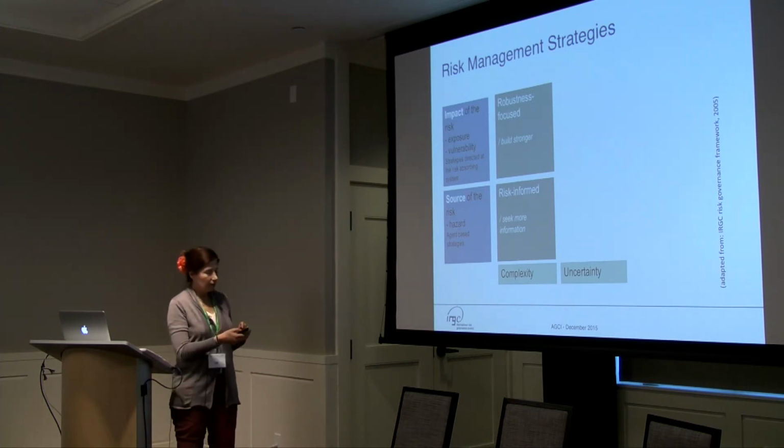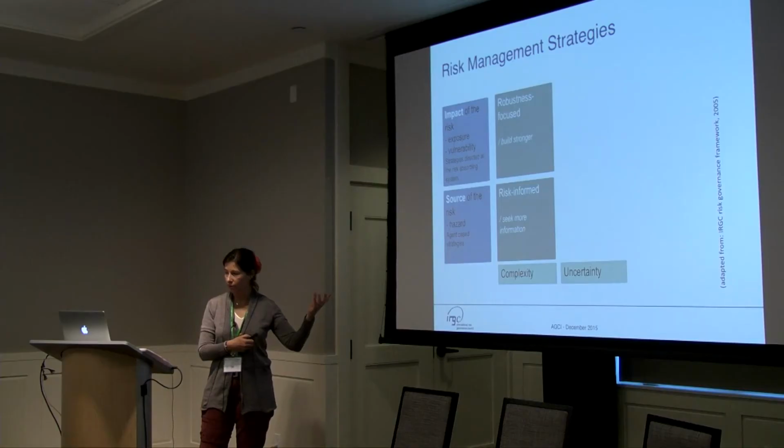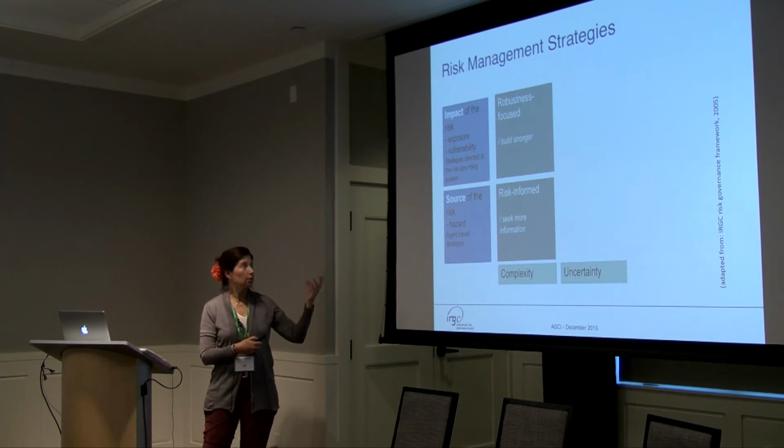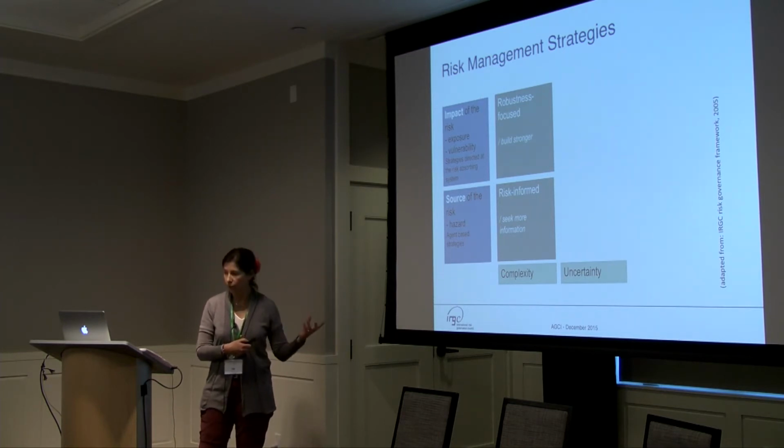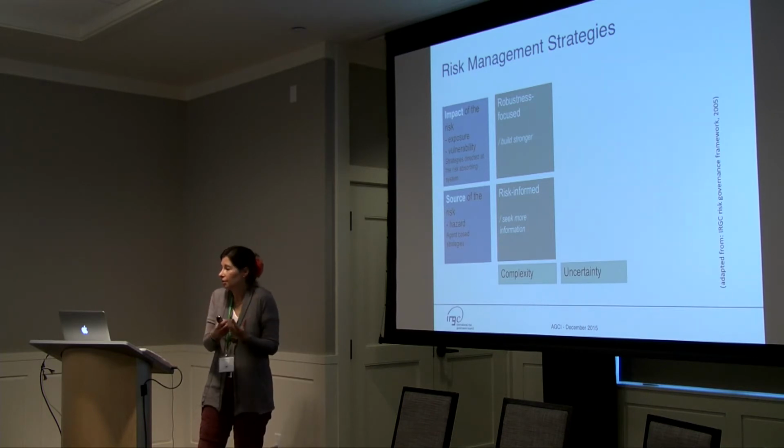The first box is risk-informed strategies, when the risk is characterized as complex and we need more information about the source of the risk. The second box is called robustness. The risk is complex, and we need to work at the level of the impact of that risk, so we need to reduce exposure or vulnerability. The term we use here is robust, strength.